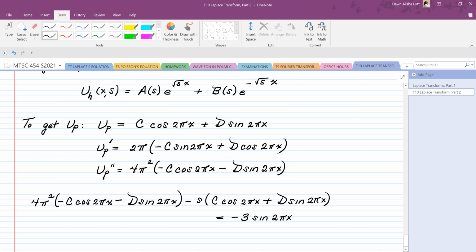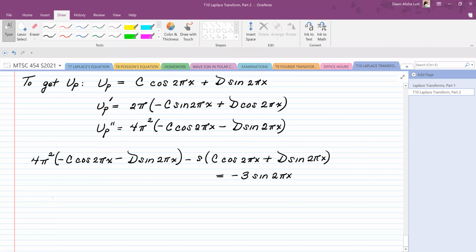So when you put it all together, you get minus s plus 4 pi squared times a has to equal 0. And then you get minus s plus 4 pi squared times b has to equal -3.